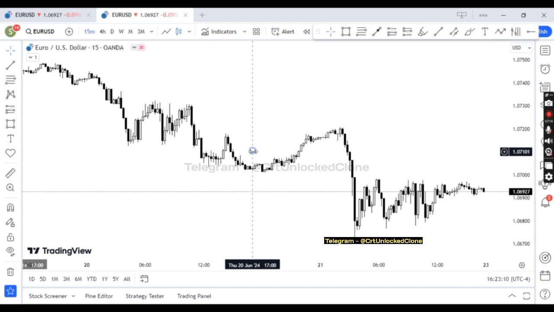With that fact in mind, you can straight away expect a ranging profile, and as I said before, after a ranging profile, the only two possible outcomes price can have are either a manipulation profile or an expansion profile, right? Then you can integrate these market profiles in opening times with other concepts such as the key levels concept and CRT, and then you can position yourself towards your drawn liquidity, right?